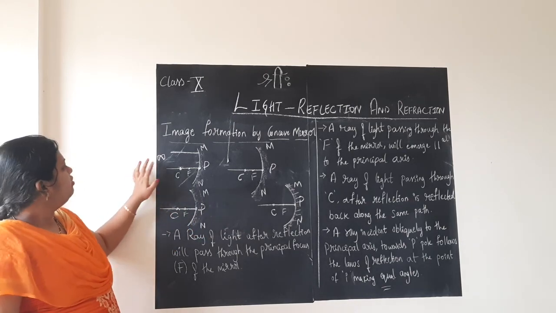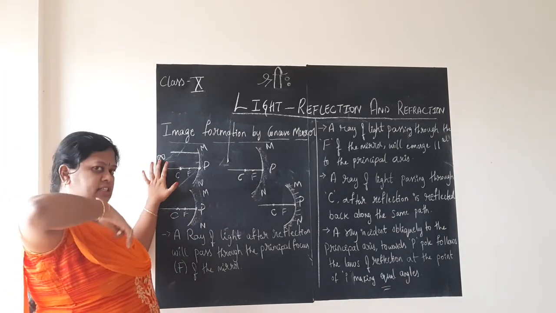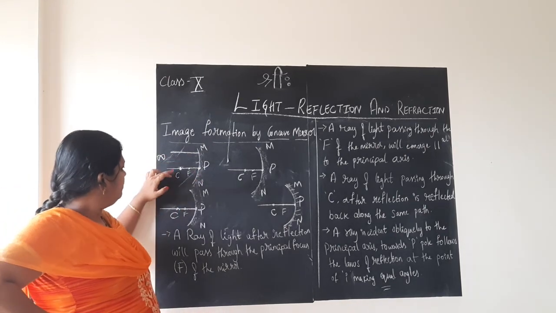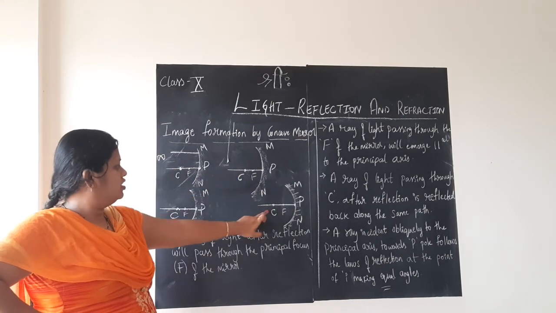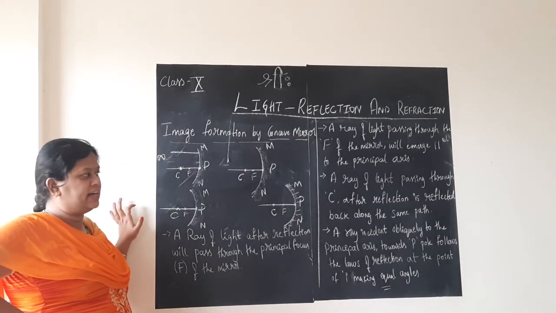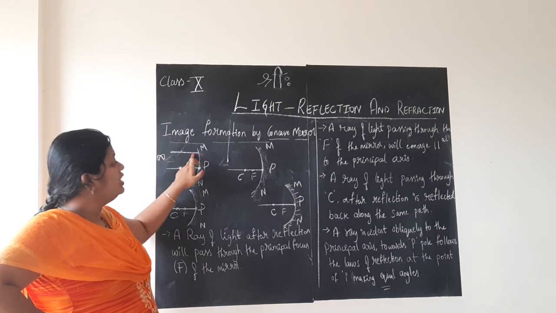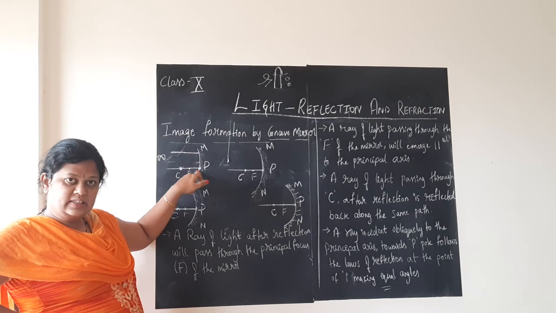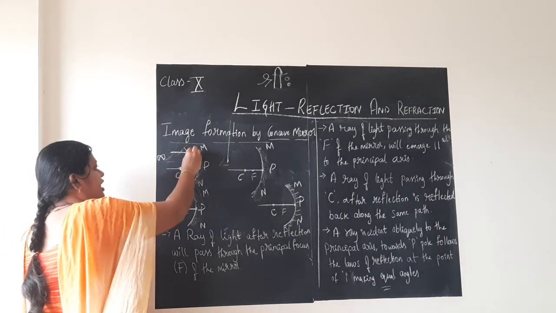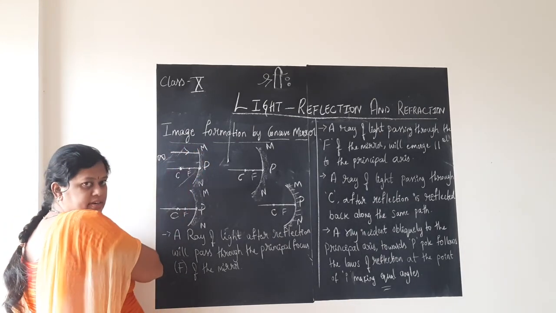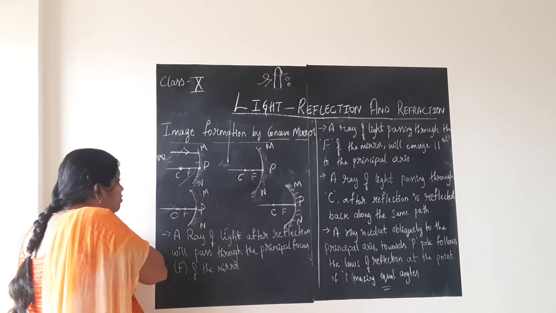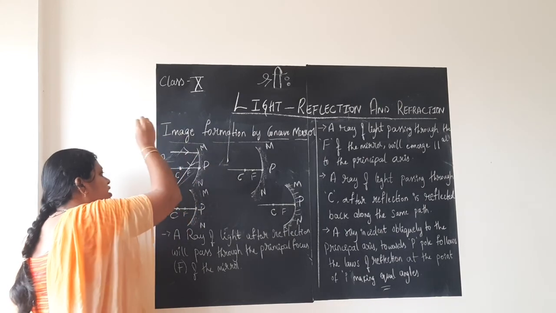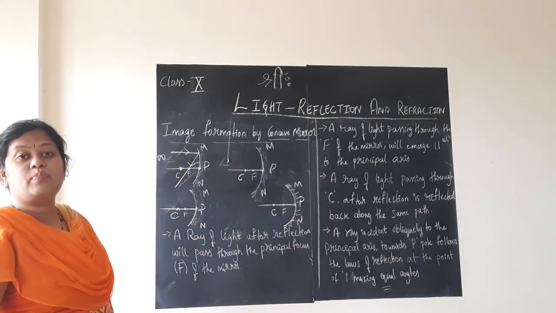So the ray of light is coming from some infinite distance, say from the sun. The light will come straight, means this line is what? Principal axis, children. This line passing through the pole is principal axis. If you draw the incident ray which is parallel to the principal axis, then that incident ray after touching the mirror will reflect and will always pass through the principal focus of the mirror. That is very, very important.